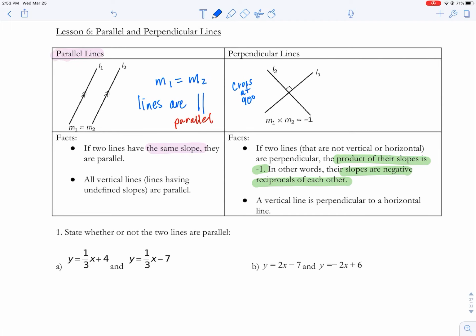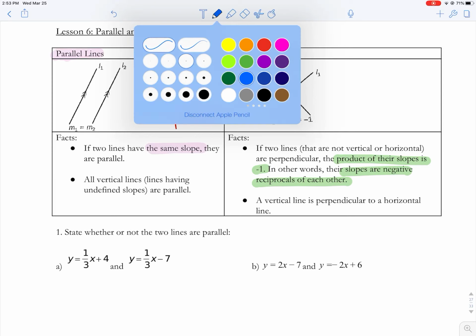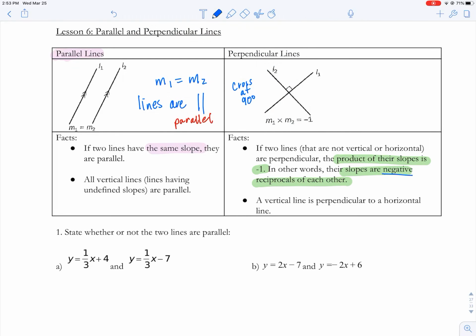And I'm going to really quickly do an example of these negative reciprocals. If m1 equals 5, a reciprocal means we flip it, and negative just means it's negative. So the negative reciprocal, m2, would be -1/5. That would be one example.